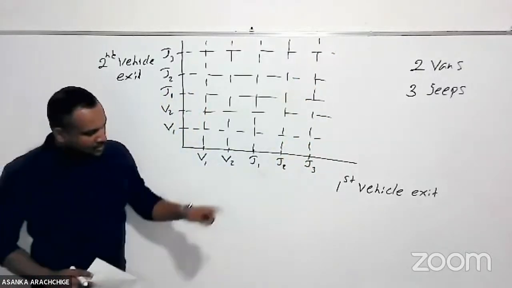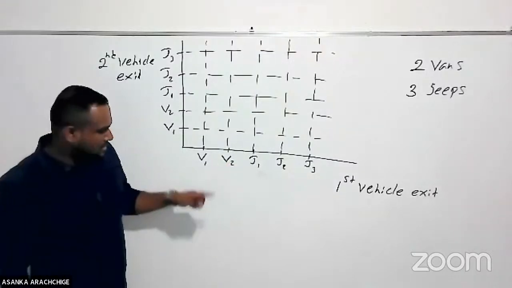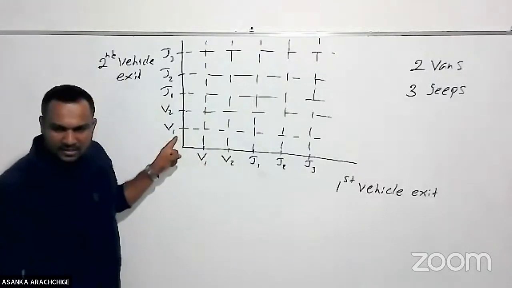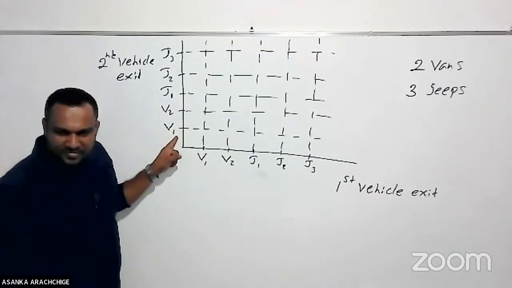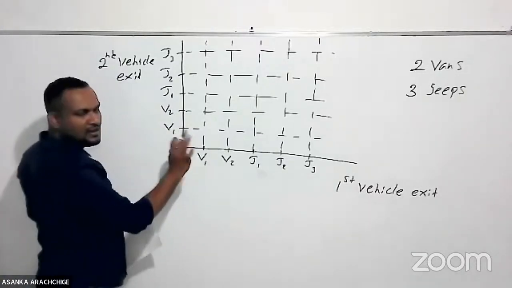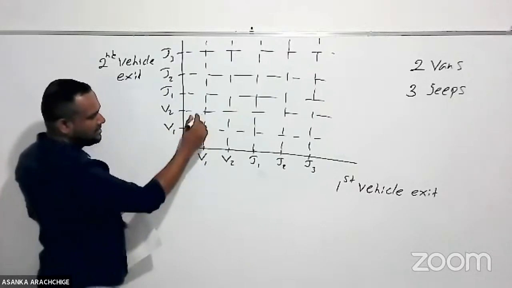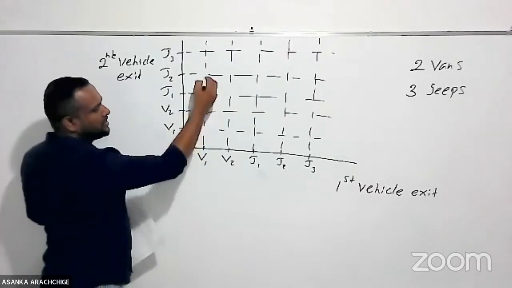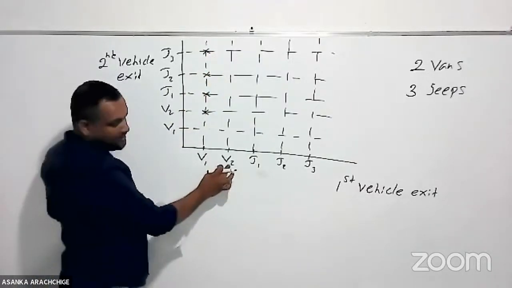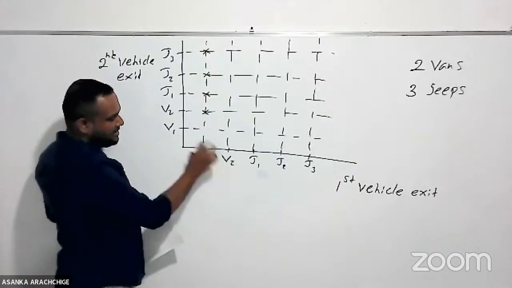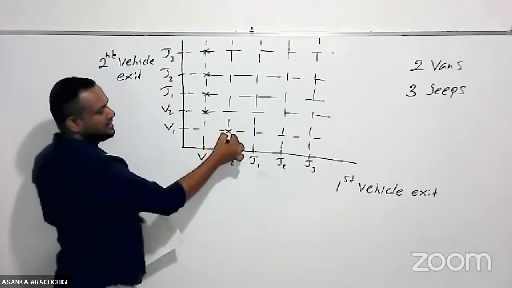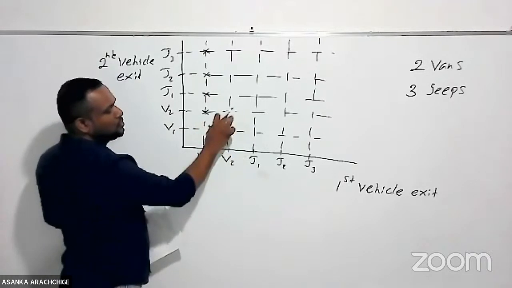If the first vehicle exit is V1, can the same vehicle exit the second time? No, the same vehicle can't happen twice. Therefore, V1 never happens, but V2, J1, J2, J3 can happen. If the first one is V2, then V1 can exit second, but V2 can't.